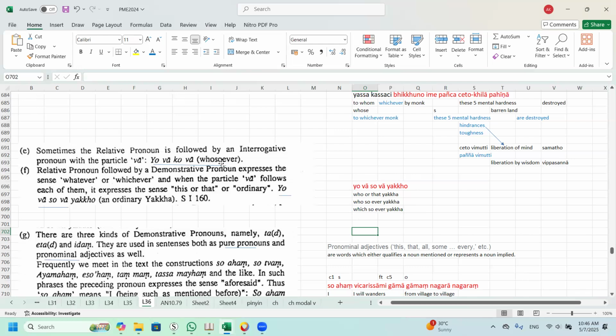So you can join it in this way: which or who. Technically, you can see this and this are the same case.